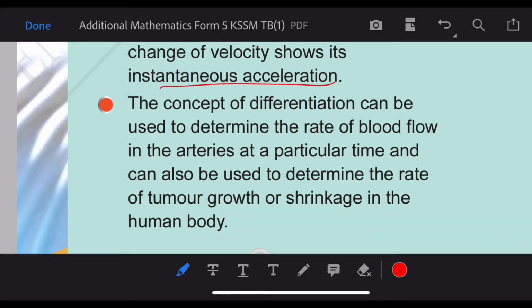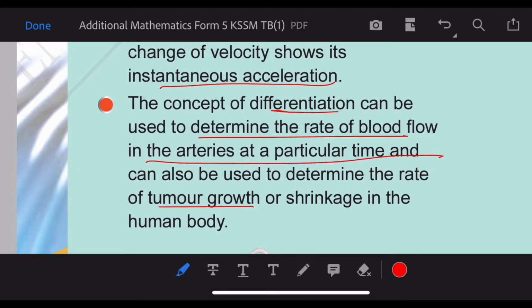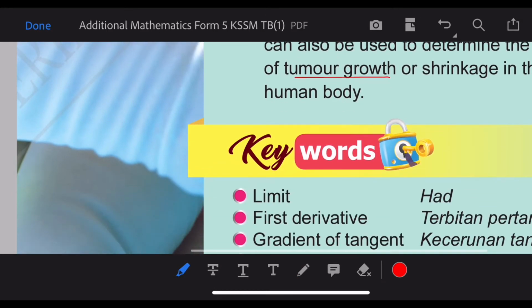The concept of differentiation can also be used to determine the rate of blood flow in the arteries at a particular time, and to determine the rate of tumor growth in the human body. So all these are the significance.